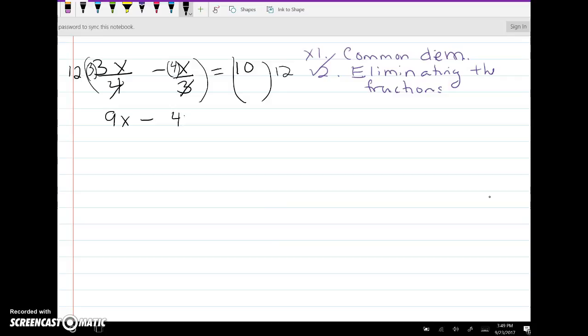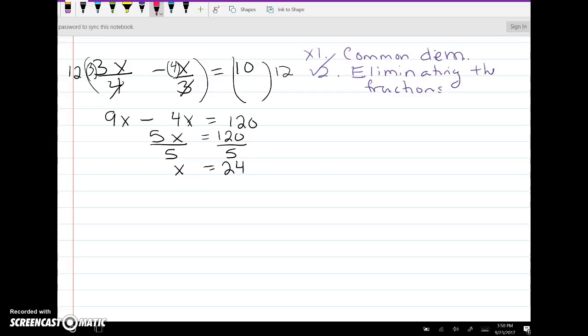And I have 4x equals 10 times 12 is 120. Now, 9x minus 4x is 5x equals 120. 5x divided by 5 gives me x equals 120 divided by 5 equals 24.